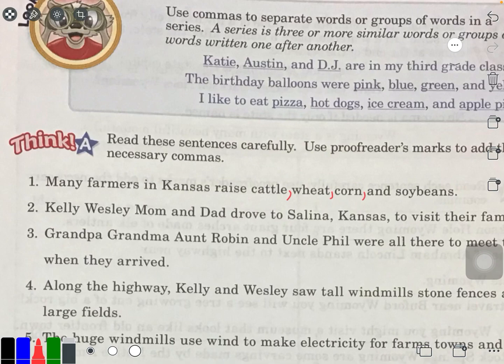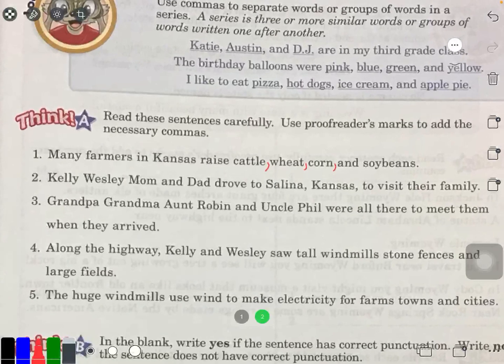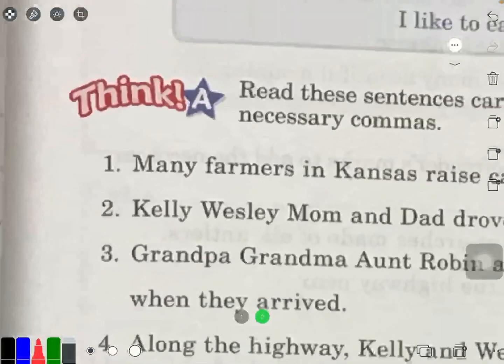Now, if you want to say comma in between each item you're listing, just to help you put the commas there, that's totally fine. Kelly, Wesley, mom, and dad drove to Salina, Kansas to visit their family. Now, when I read that, I read it really fast because I didn't know where to pause. That's what commas do. They help pause. So I'm going to assume that Kelly Wesley is a name of one person.